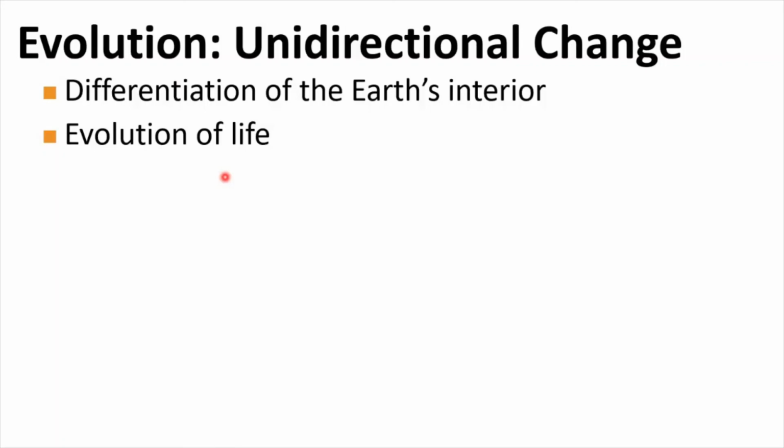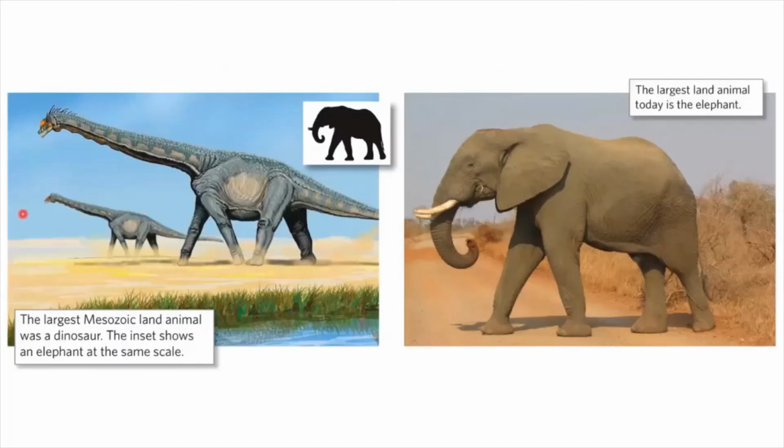So we see this evolution or change in life. And when there's a change, it's unidirectional. So it's one direction. Now on the left, we have our largest Mesozoic land animal, which is a dinosaur. And there's an inset map that's showing the elephant to scale. And the elephant is our largest land animal today.